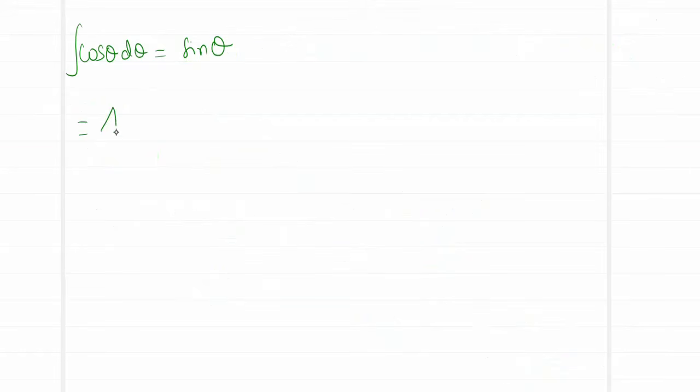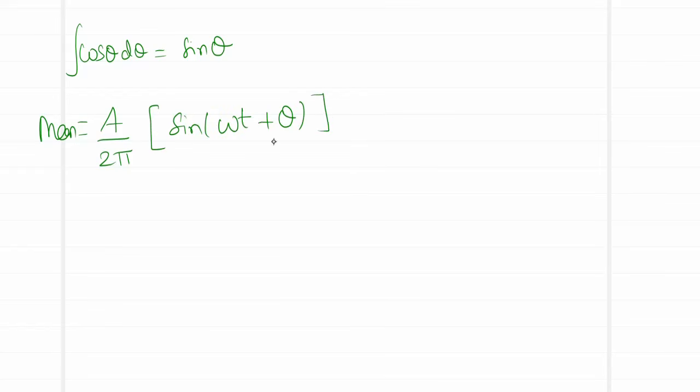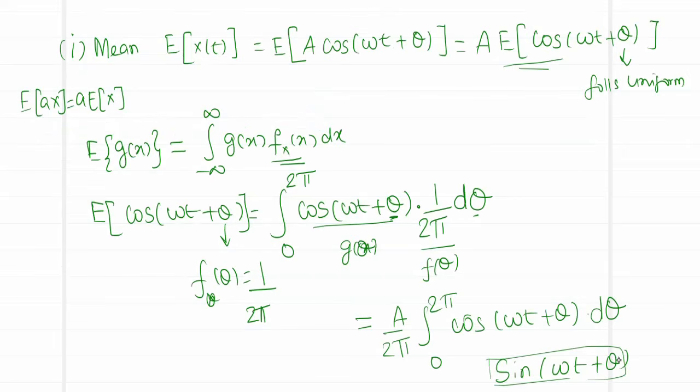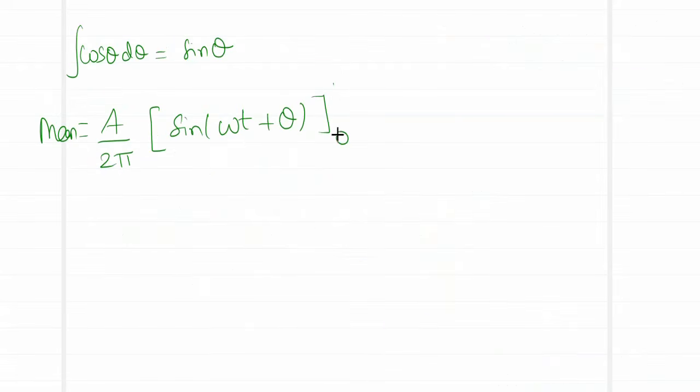So we have the value of the mean equal to A divided by 2 pi times sine of omega t plus theta, and the limits for theta are 0 to 2 pi.